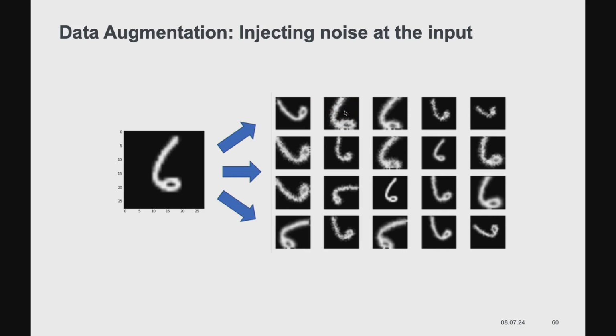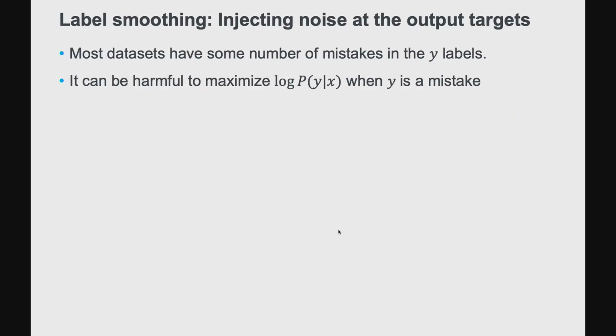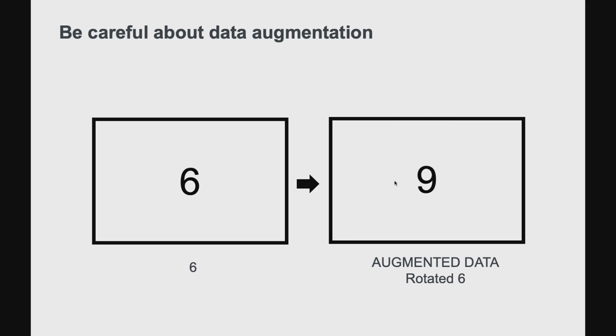And of course, as a human, you can still recognize this or this, which is the same picture but with some added noise. You can also rotate it, right? So this is a rotation. This is of course a bit harder. I think here I have real difficulties in understanding that it's a 6. And of course, you have to be careful because at some point the 6 becomes a 9. So if you're not careful, you could introduce some learning problems.